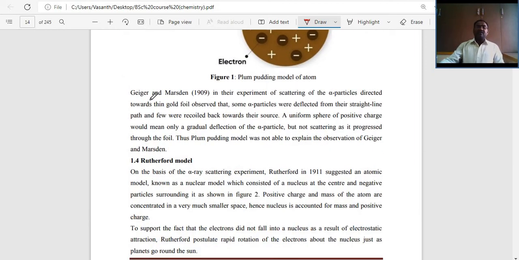In their experiment on the scattering of alpha particles directed towards a thin gold foil, Geiger and Marsden observed that some alpha particles were deflected from their straight line path and a few were recoiled back towards their source.